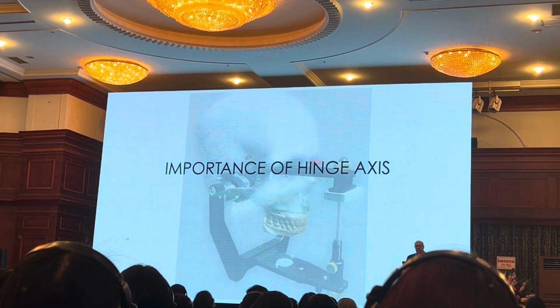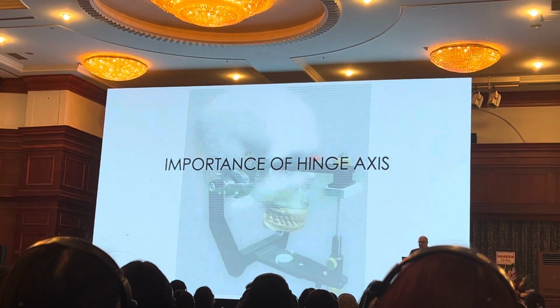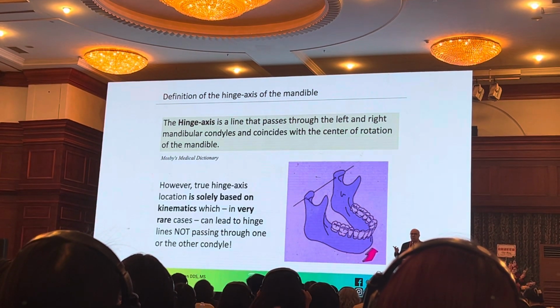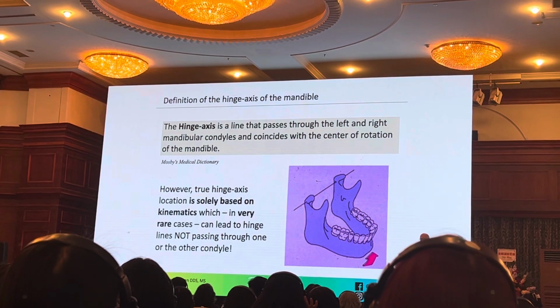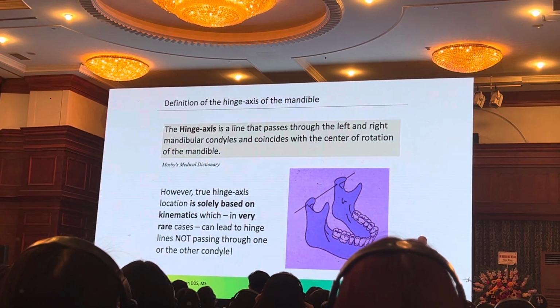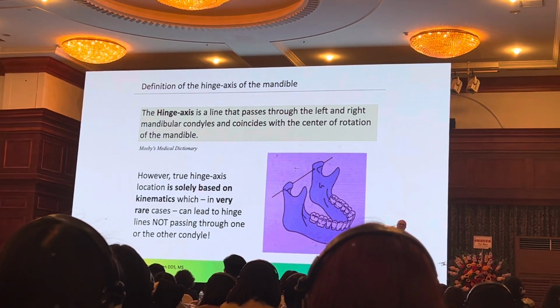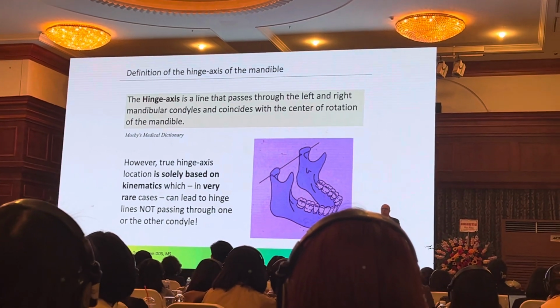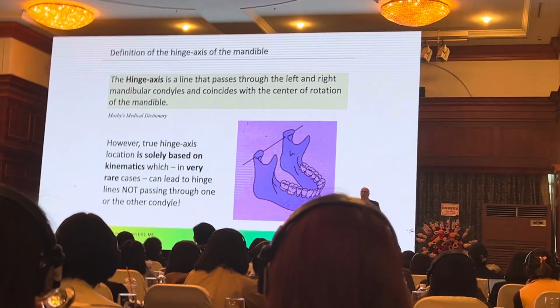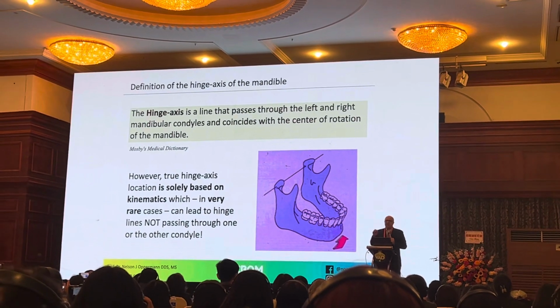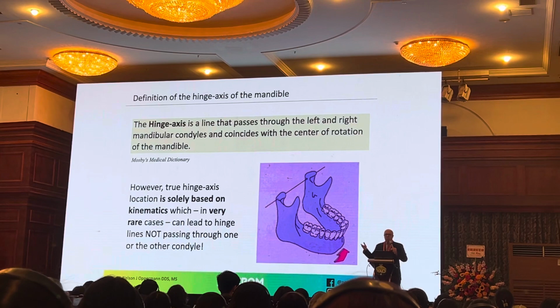And due to this, it's very important to find the hinge axis of the mandible. So it's a central rotation of the condyle, okay? If we link the central rotation of the left and the right condyle, we call this line the hinge axis. Like an axis on your car, the 2 wheels, okay?